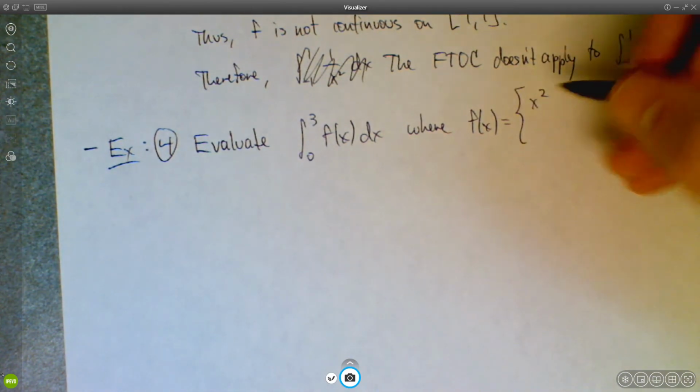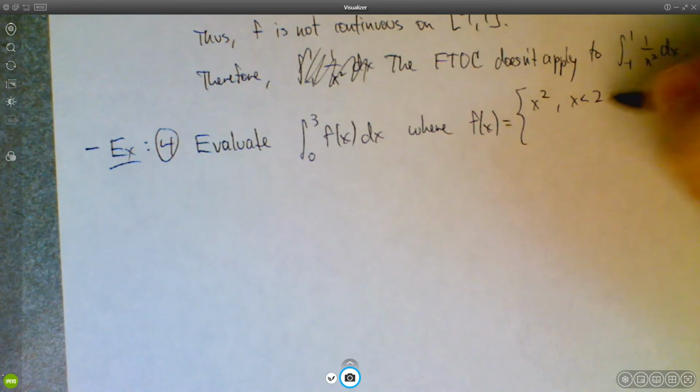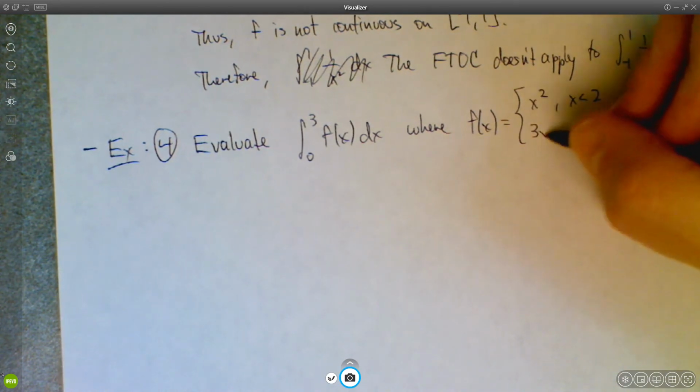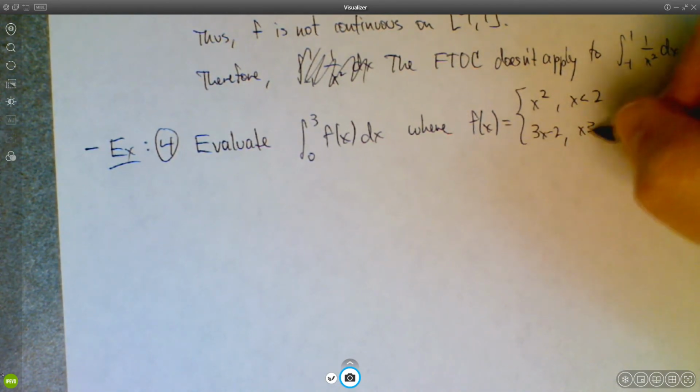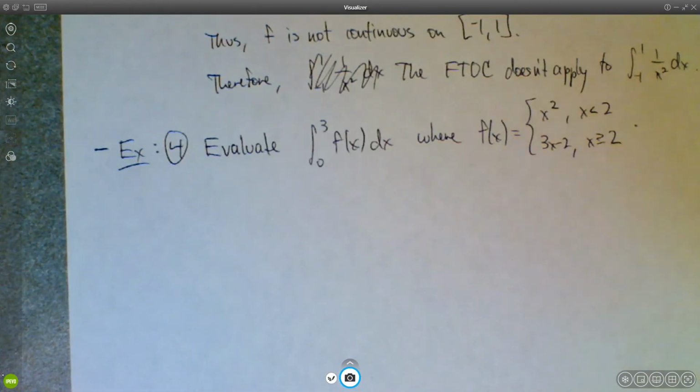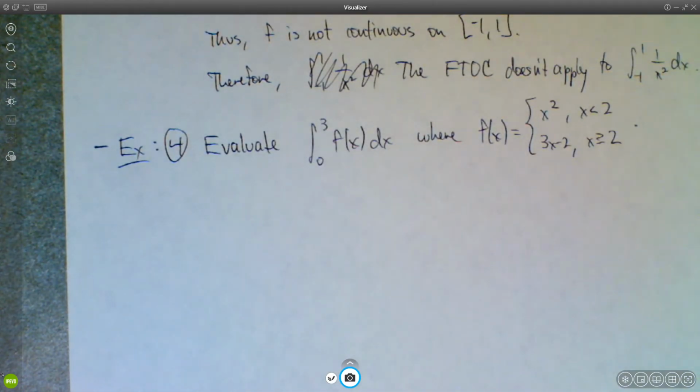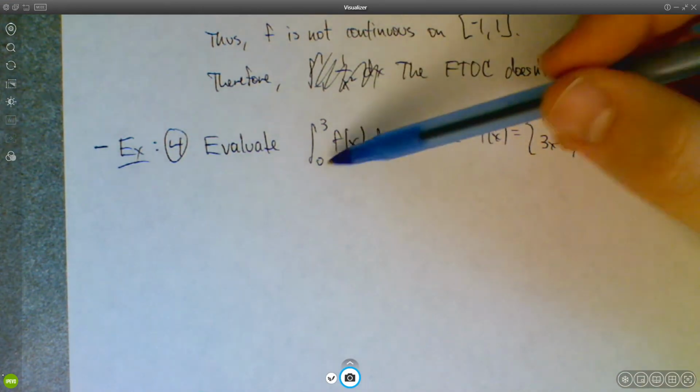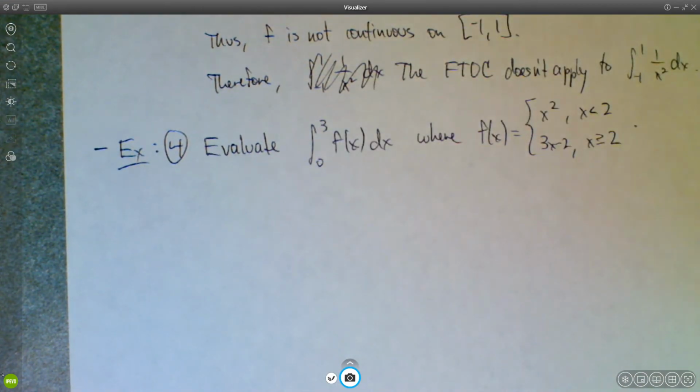It's going to be x squared if x is less than 2, and it's going to be 3x minus 2 if x is greater than or equal to 2. Now, given our previous discussion about the fact that f needs to be continuous on this interval, we could ask ourselves whether or not this is a continuous function.